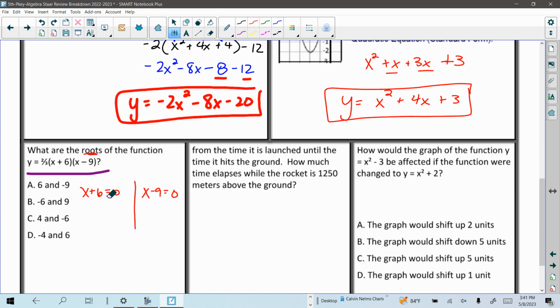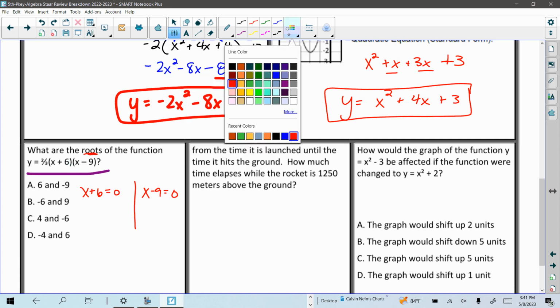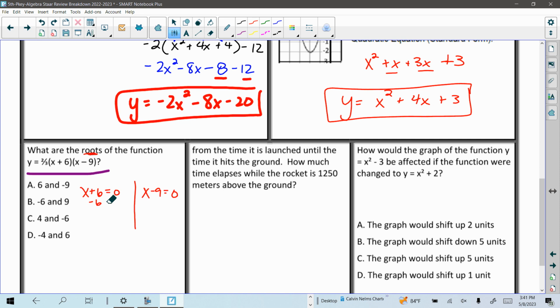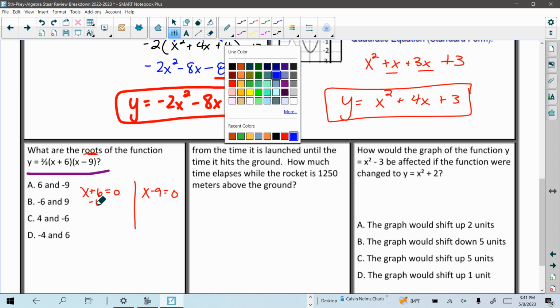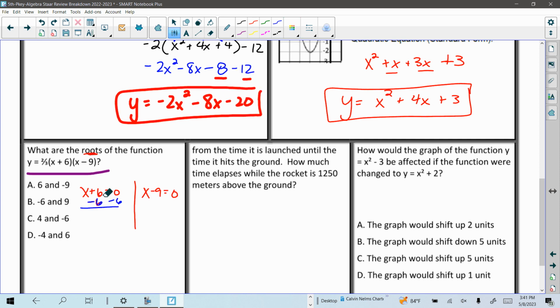So you're solving for x, and some of you already know the solution is always the opposite of what's in the parentheses, but just to show you, if I subtract 6 here, we get x equals -6. So instead of plus 6, it's -6. Instead of minus 9, it's a positive 9. So our roots or our solutions are -6 and positive 9.